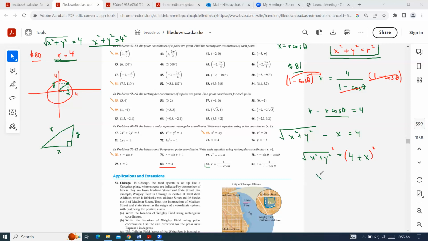So we get no square root on the left side, and on the right side, if I square this parentheses, I'm going to get 16 plus 2 times 4, which is 8, times x, and then plus x squared. And what you're going to get is that the x squared will cancel, right? Because you subtract the same thing on both sides. And you end up with a way to produce an expression for y, which is going to be just the square root of 16 plus 8x.